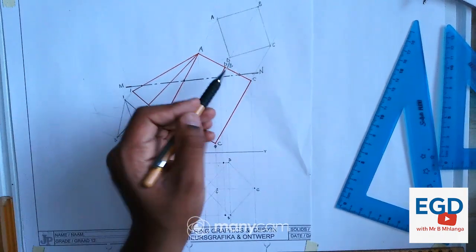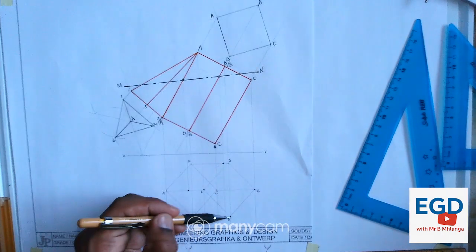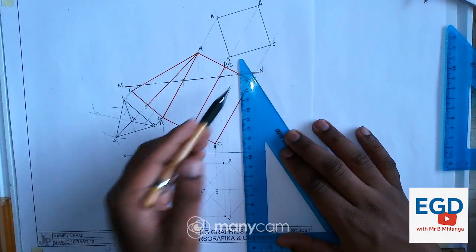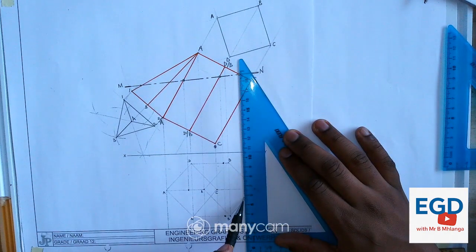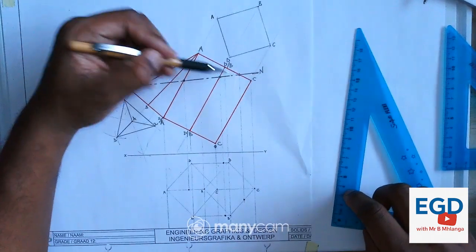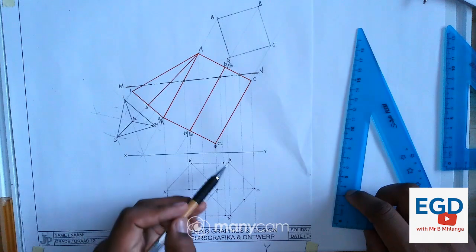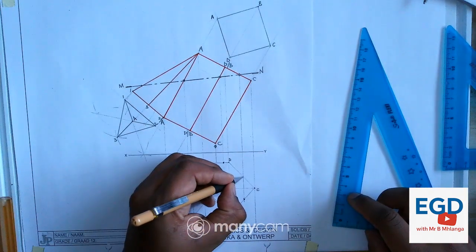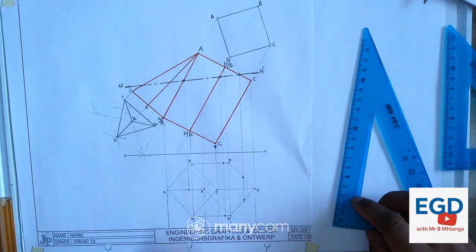So I'll start with line BC. Where is BC? BC is right there. So I'll just project that point to line BC. So that means I have a point there. And also line DC. DC is right over there. Obviously, I'll have to project that point down there. So this is our point.